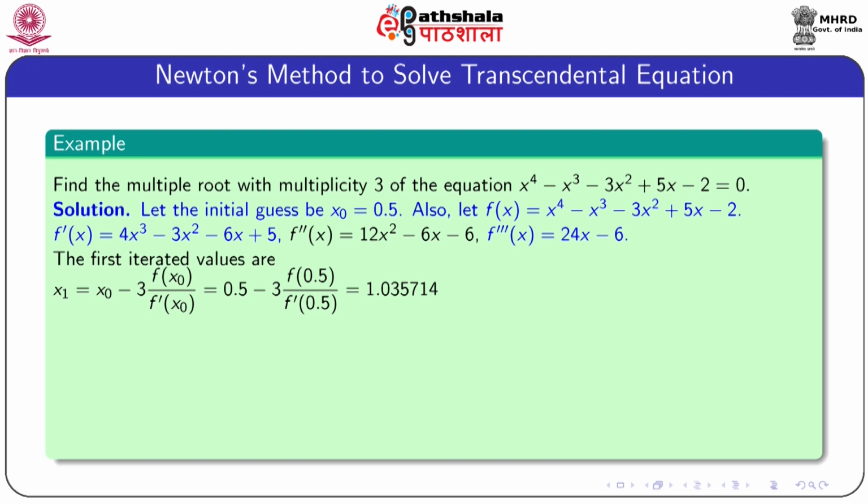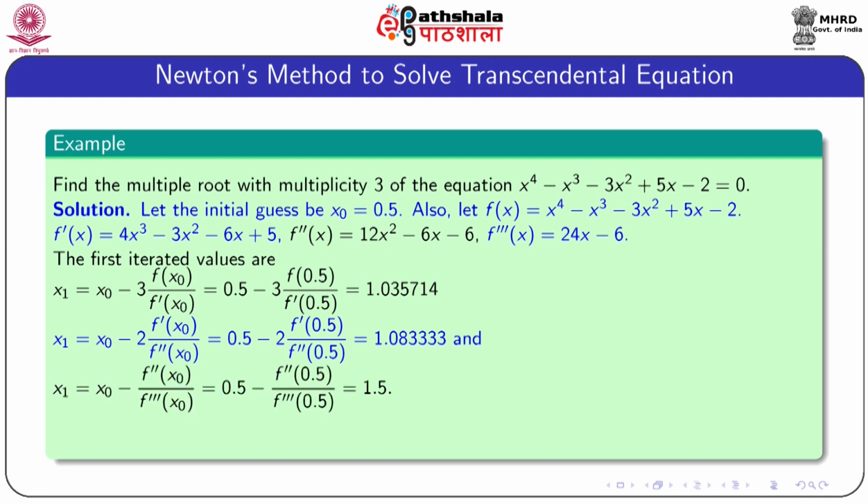Now, the first iterated values for the three formulas: x1 equal to x0 minus 3 into f(x0) by f'(x0), which is equal to 1.035714. The approximate value of x1 obtained by the second formula, that means x0 minus 2, which is nothing but k minus 1, into f'(x0) by f''(x0), after simplification is equal to 1.083333.